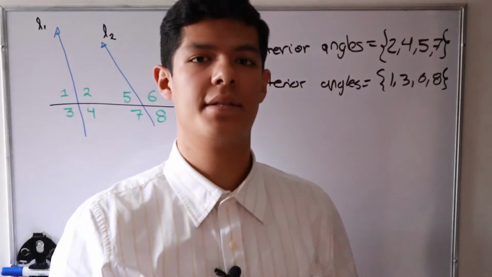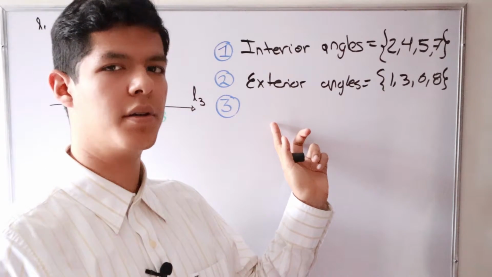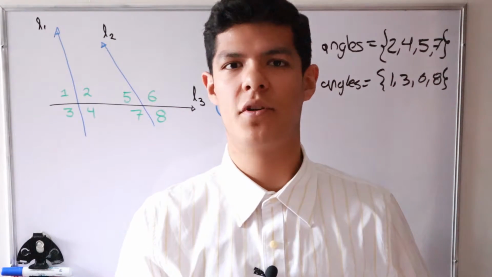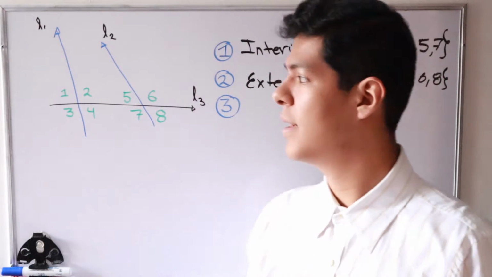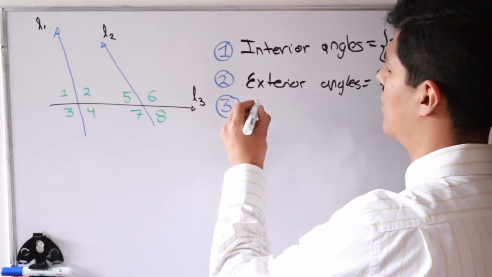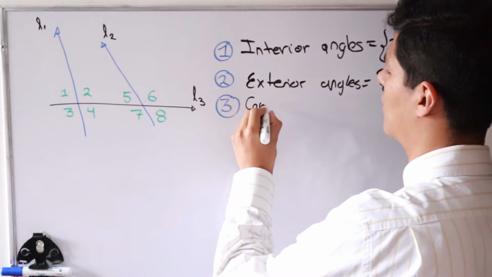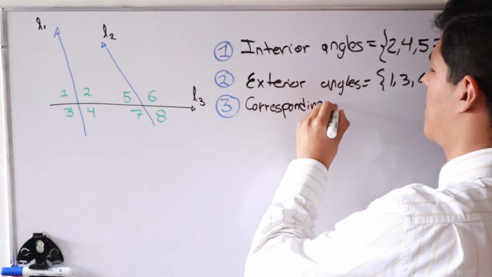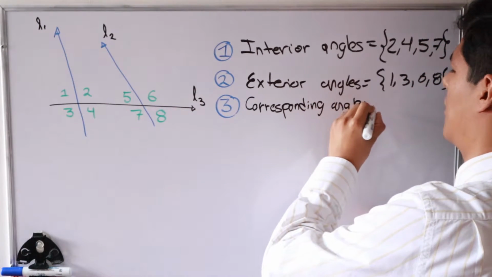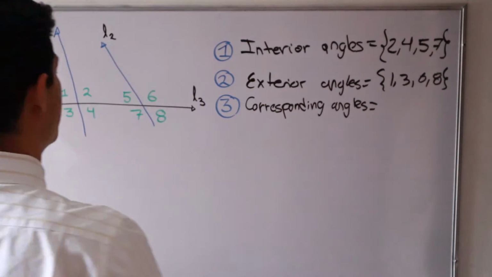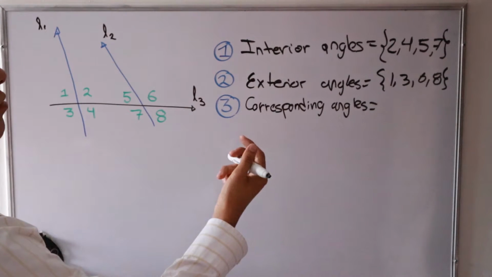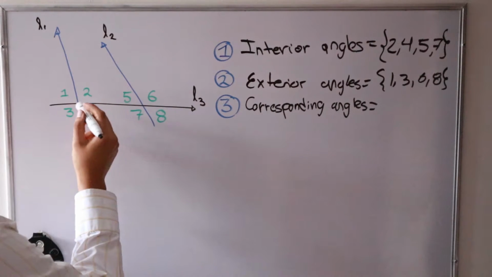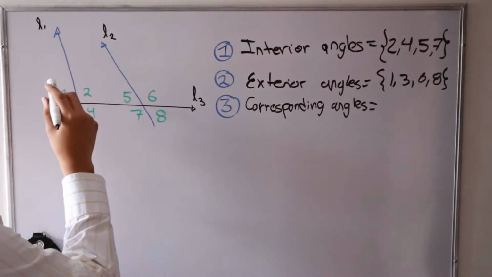But be careful guys, the next angle that we are going to do is very important because it is for the concept of parallelism. So this is called corresponding angles. In this case, we are going to say that two angles will be corresponding if they are in the corresponding position between the lines.